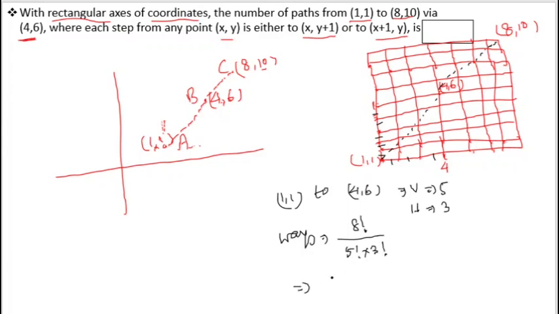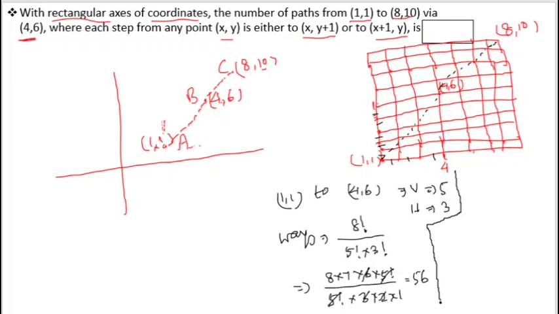Now the value we can write as 8 into 7 into 6 into 5 factorial, divided by 5 factorial into 3 into 2 into 1. So 5 factorial cancels out, 3 twos are 6 cancel out. What we get is 8 sevens are 56.